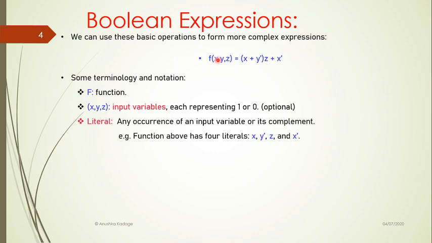So these variables are termed to be the input variables, and these terms which are written in terms of a ORing part or ANDing of the variables, they will be named as literal. And literals are nothing but occurrence of an input variable or its complement in that term writing for the Boolean expression.